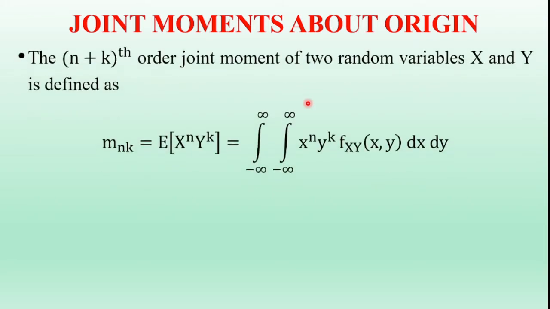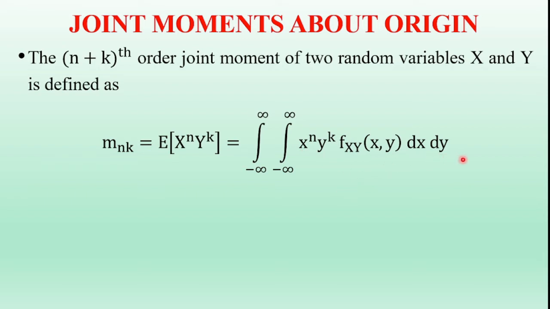The n plus kth order joint moment of two random variables, capital X and capital Y, is denoted as m suffix nk. So m suffix nk is equal to expectation of x power n y power k, which is equal to the integral from minus infinity to infinity, integral from minus infinity to infinity, x power n into y power k f_XY of x comma y dx dy.